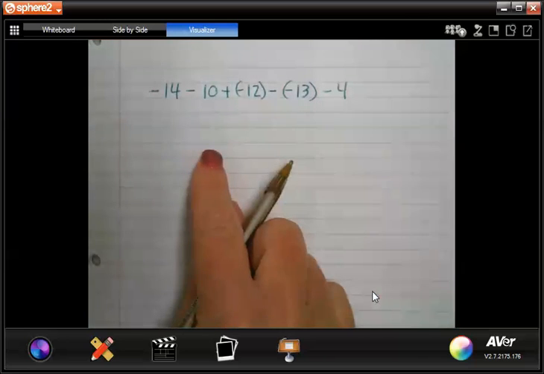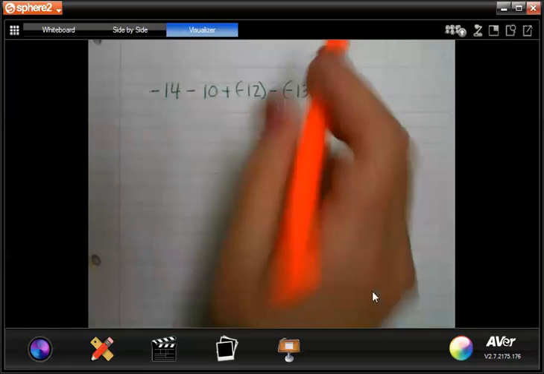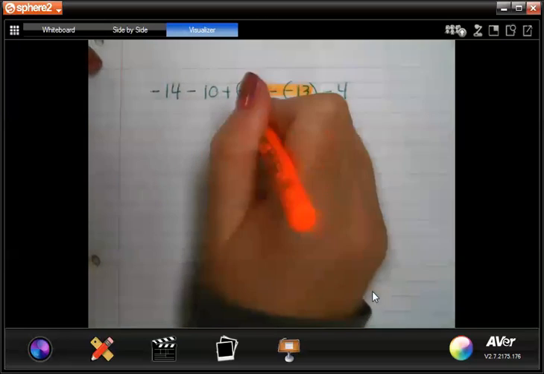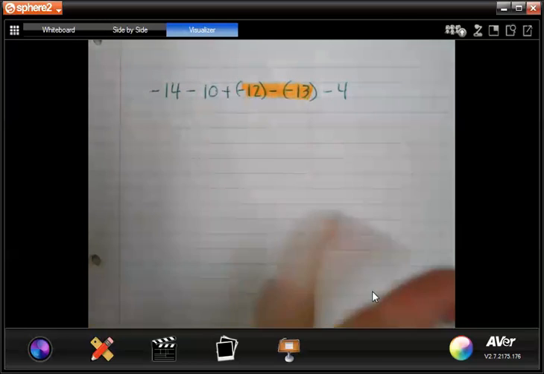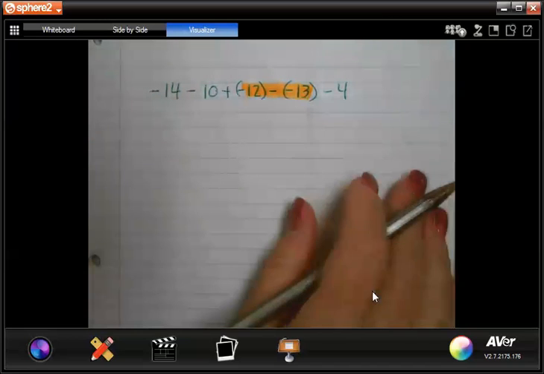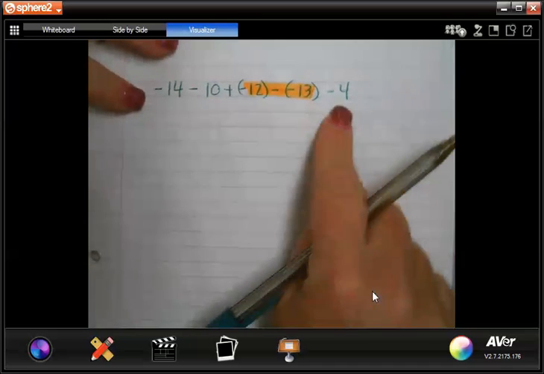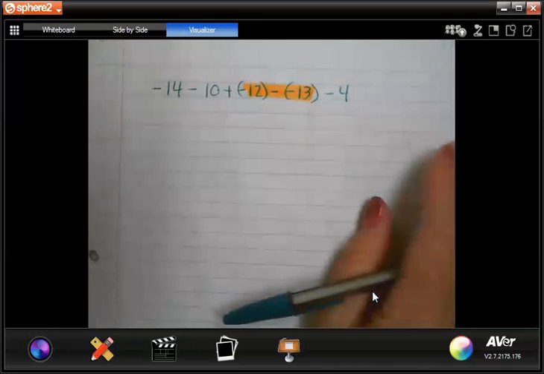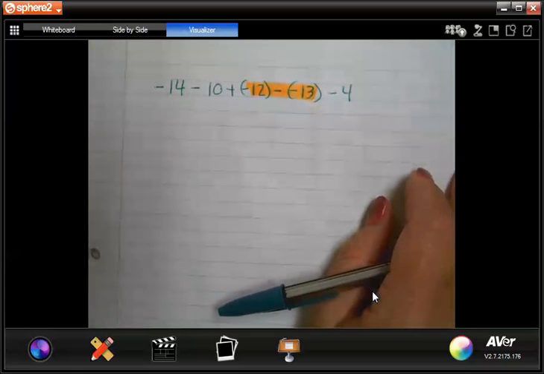And I promise you, you're going to end up somehow making it all wacky. So if you can change this whole thing to addition, you don't have to worry about subtracting anything anymore. I promise.